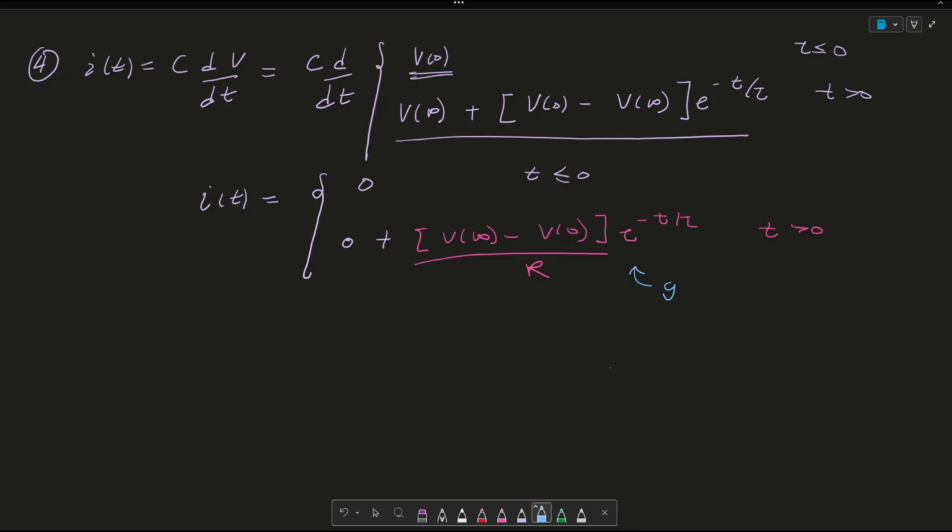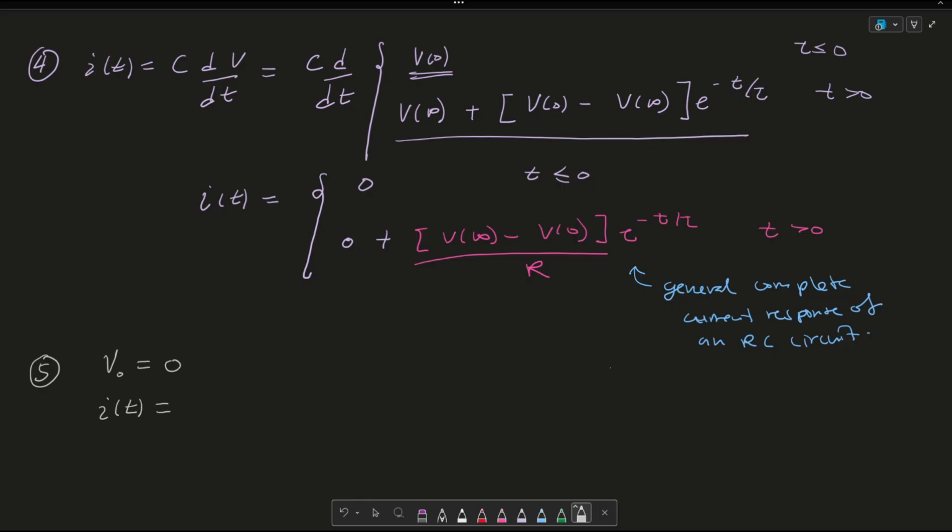And this here is referred to as the general complete current response of an RC circuit, where the last thing we want to note is the step response, or when V0 is equal to 0, I of t is basically going to be, again, 0 for t less than or equal to 0. And then this becomes V infinity over R times e to the minus t over tau for t greater than 0.